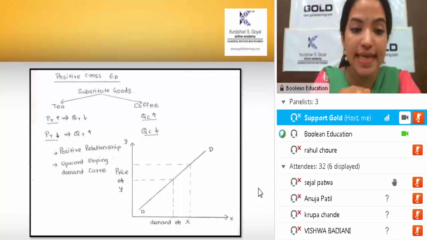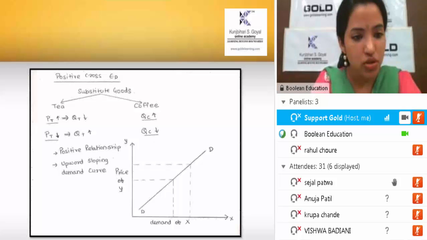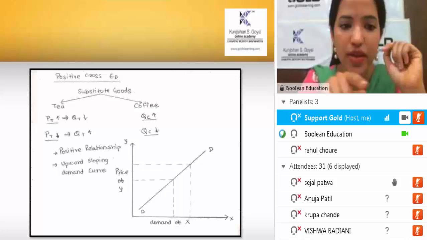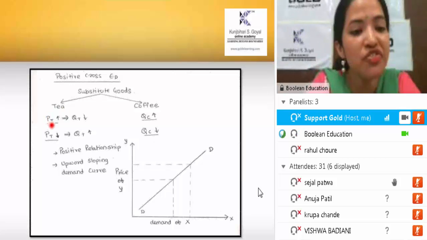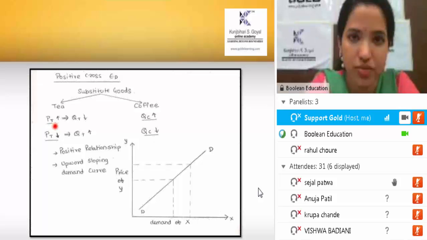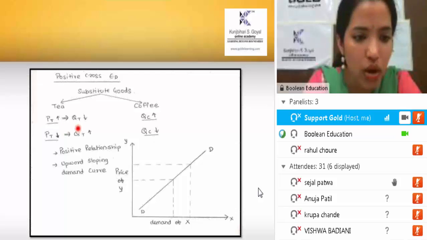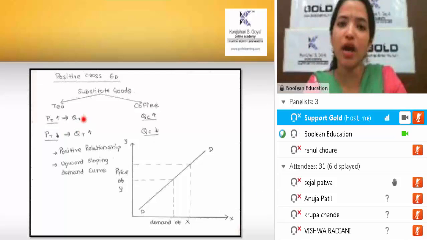So tea and coffee are nothing but substitutes of each other. Here we are saying price of tea and quantity demanded of coffee. So just follow the pointer. Price of tea increases. जैसे tea का price increase होगा, tea का demand will fall, quantity of tea will fall. अभी लोग चाय नहीं पी रहे, मतलब क्या कर रहे हैं लोग? कॉफी पी रहे हैं.